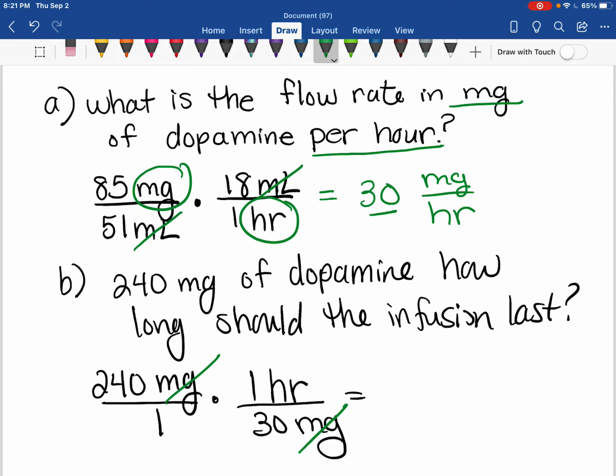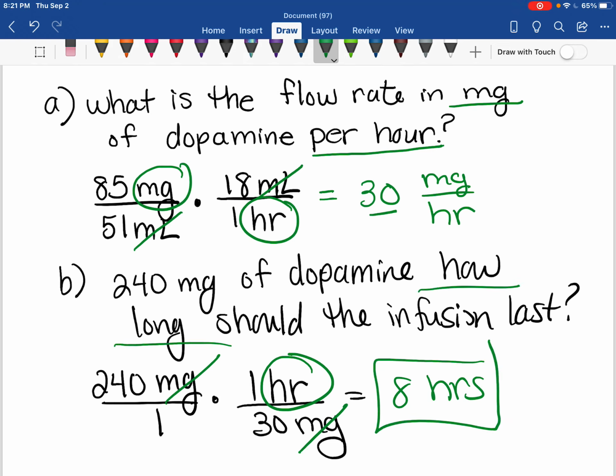And then when I take 240 divided by 30, I'm going to get 8 hours. And I know that my unit is hours because this is what I have left. And this makes sense because that's what the question is asking for, is how long. So for my numbers, or my version of the question in my math lab, the answer is 8 hours.